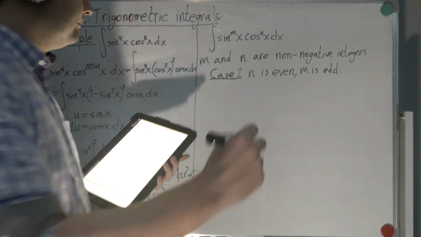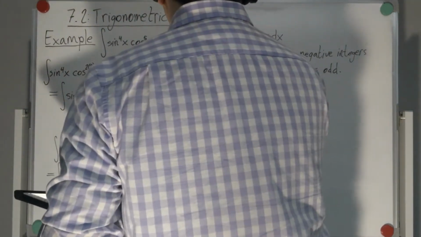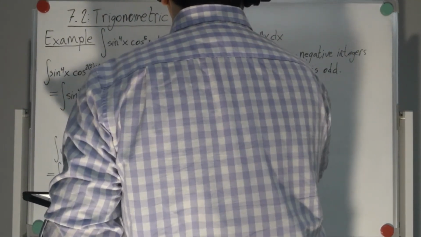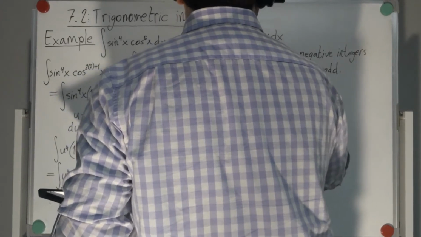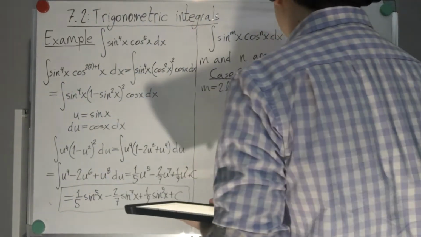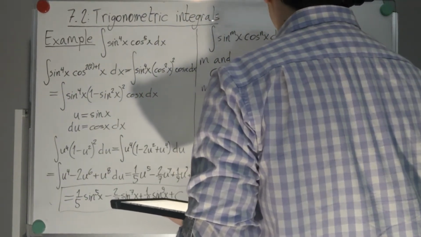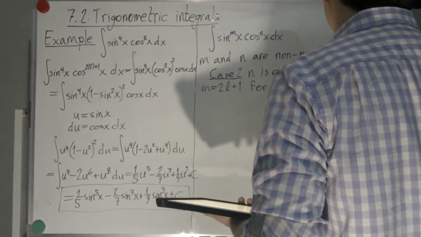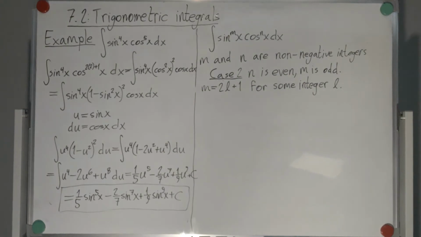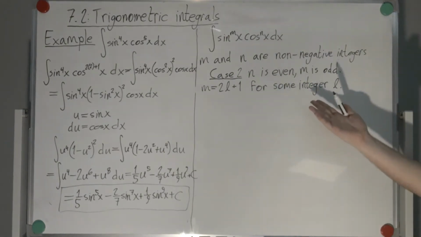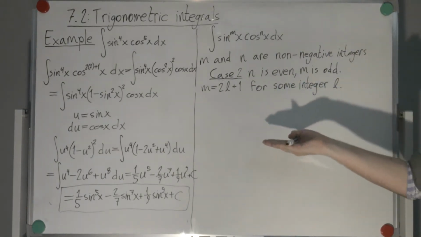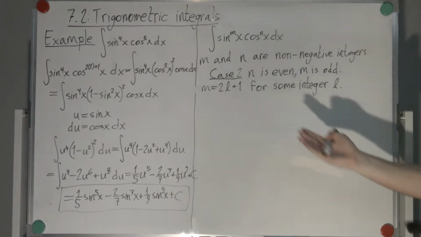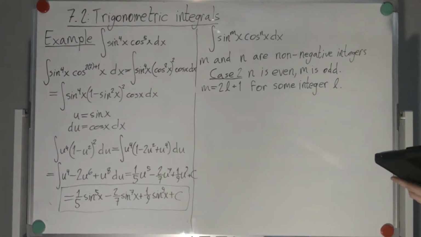In that case, we can say m is equal to 2l plus 1 for some appropriate integer l. Right? For the same reason, you could say n was 2k plus 1 before. We can say m is 2l plus 1.